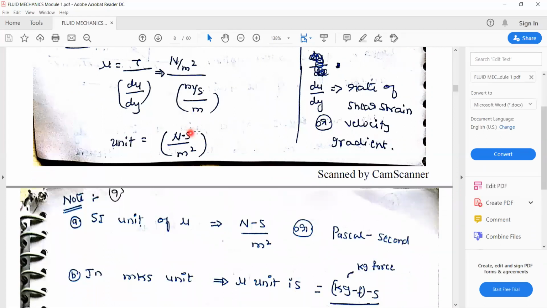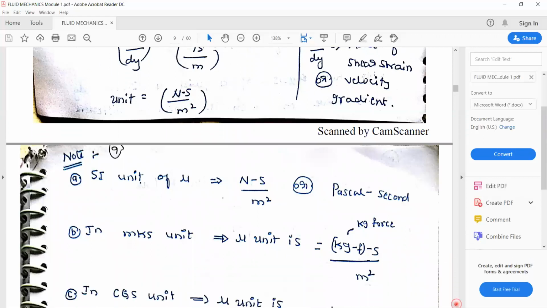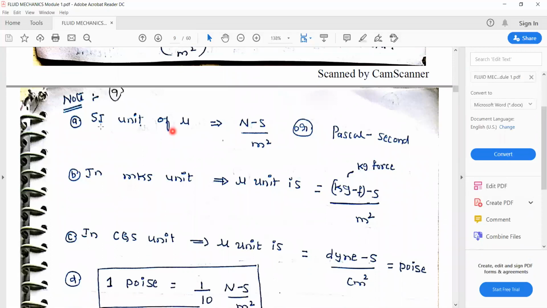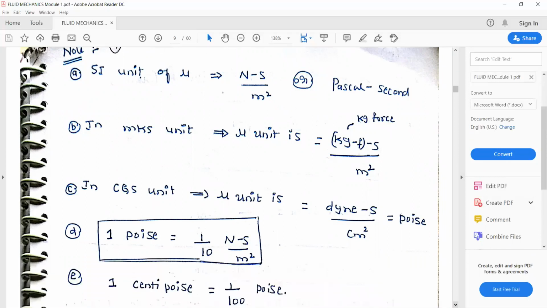Then what we will get is Newton second per meter square, which is the unit of dynamic viscosity. The SI unit of mu is Newton second per meter square, and Newton per meter square is nothing but Pascal, so you can write it as Pascal second. Both are the same: Newton second per meter square or Pascal second. Then in the MKS unit, the unit of mu is kg force second per meter square.